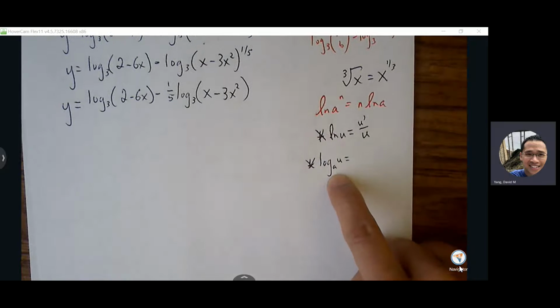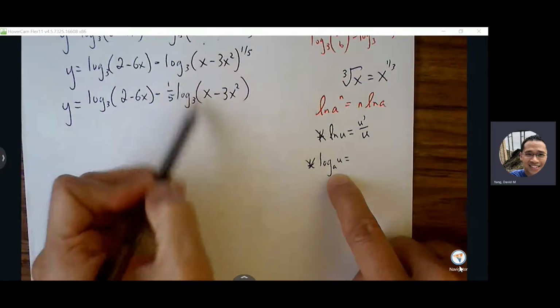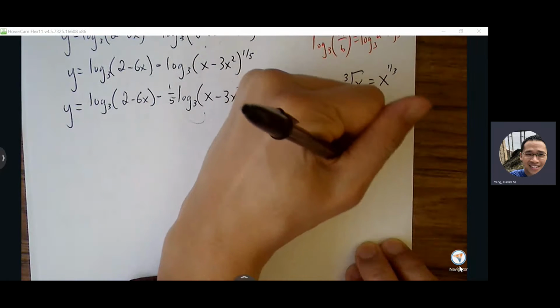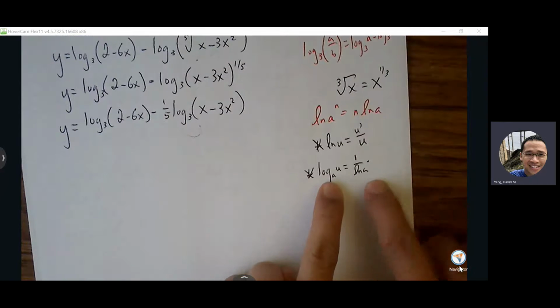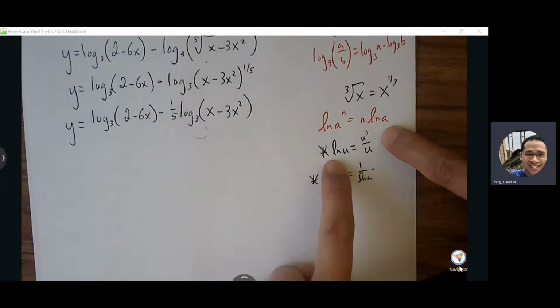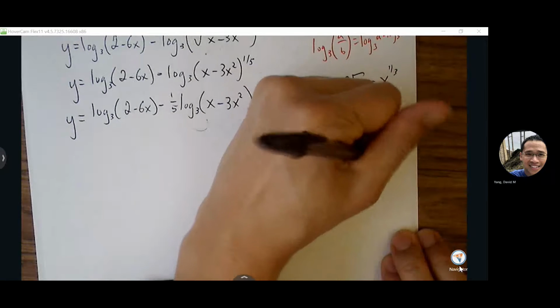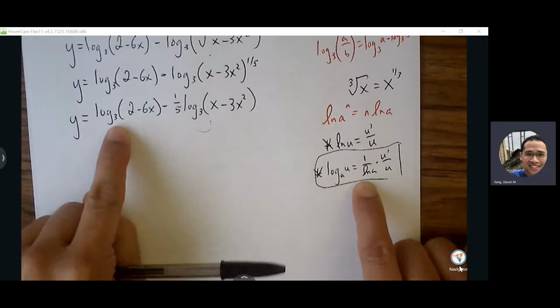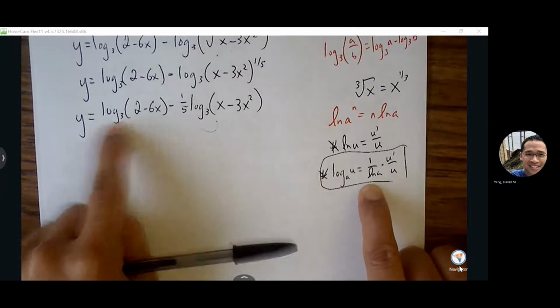And base a just represents any base other than e. So it could be 2, it could be 3, it could be 5. They all follow the same rule, same pattern. So the rule is 1 over natural log of a as a bit of a conversion. And then it looks a lot like natural log of u. It's just u prime over u.